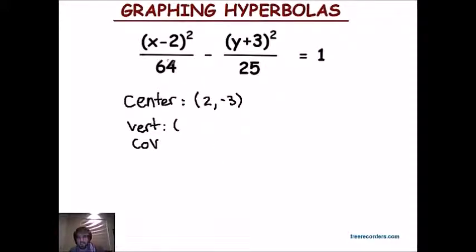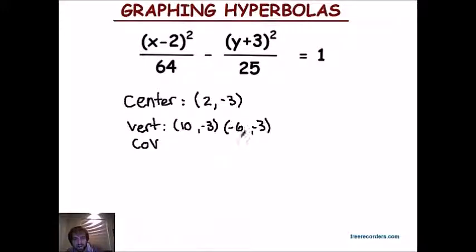Since the square root of 64 is 8, we're going to go 8 units left and right of our center. Since our center is at 2, negative 3, these two vertices also have y values of negative 3, but we go left and right by 8 units. So 2 plus 8 gives us 10, and 2 minus 8 gives us negative 6.